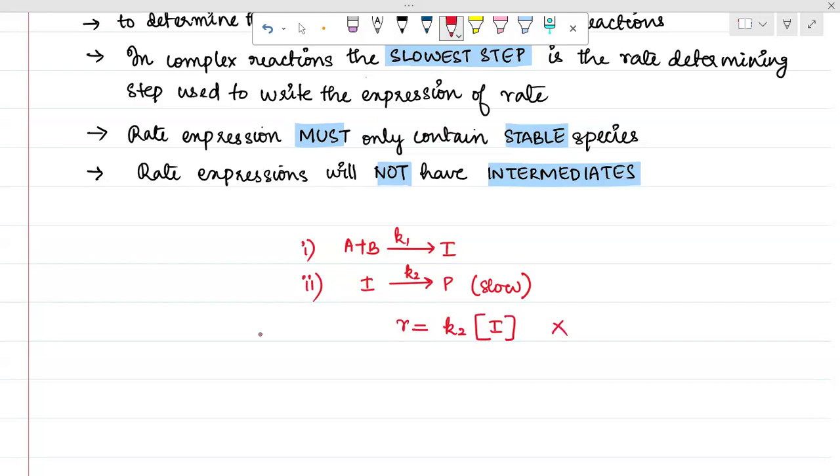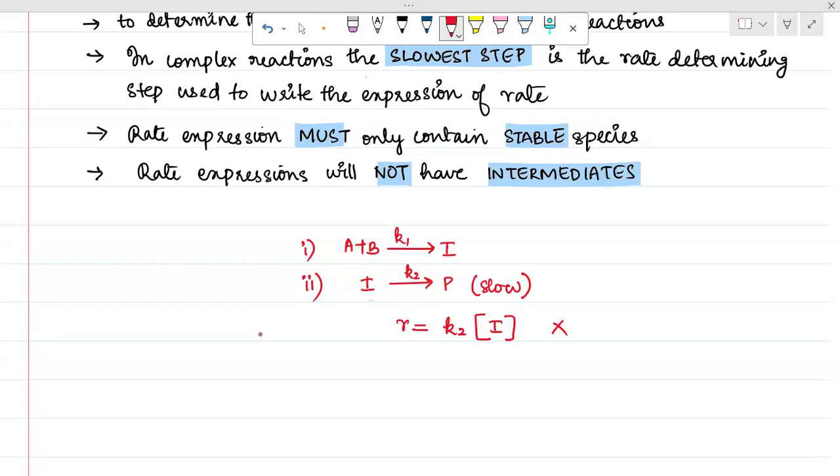And this is not allowed. Why? Because A plus B is our reactant, which becomes some intermediate, and that intermediate further breaks down to products. So having intermediates in the rate expression is not allowed.